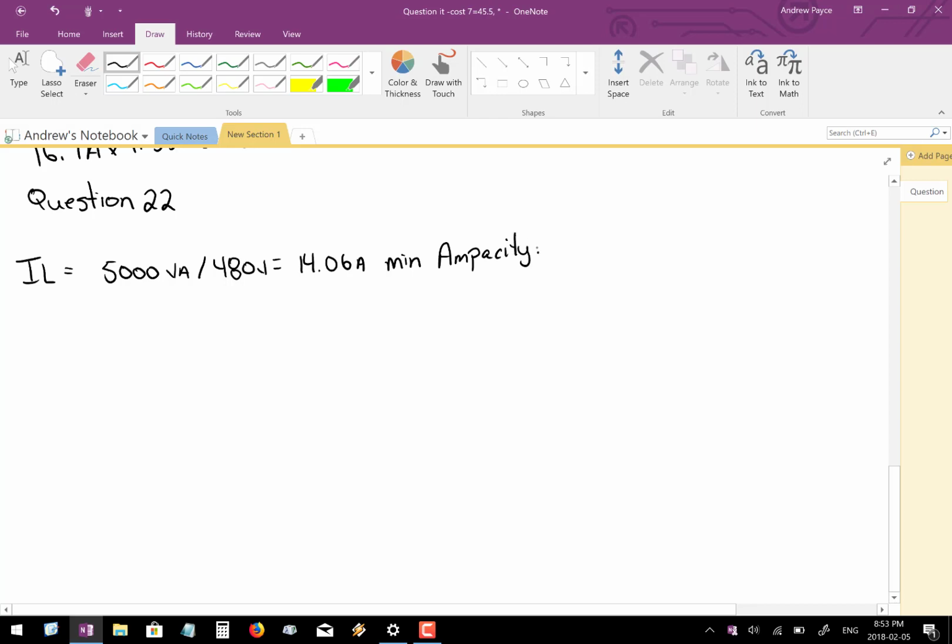Okay, that minimum ampacity then needs to have the demand factors applied to it from 26-208.